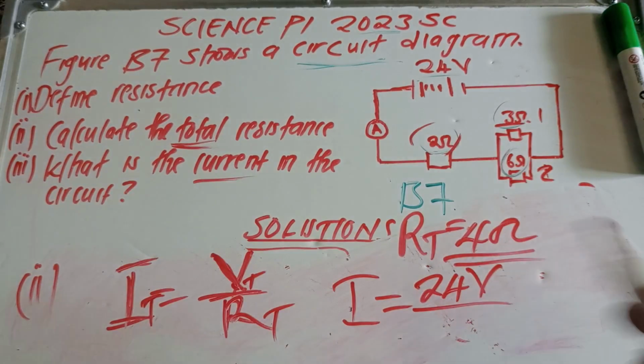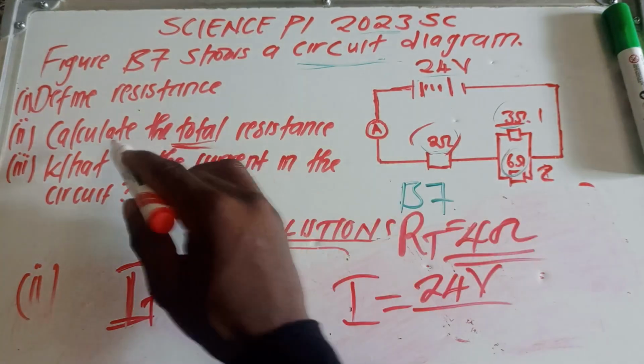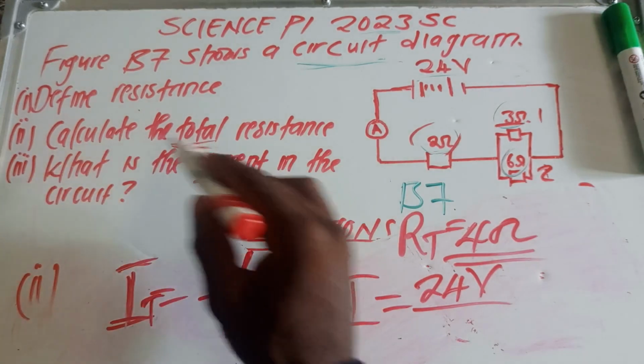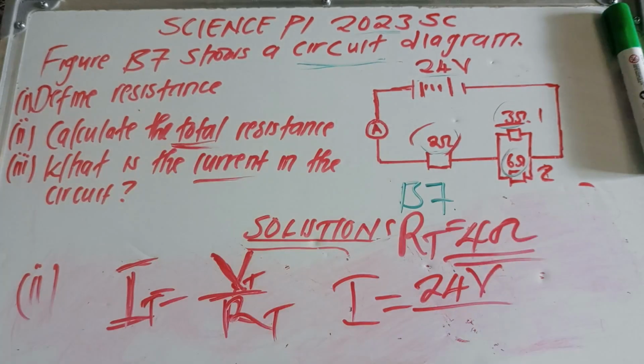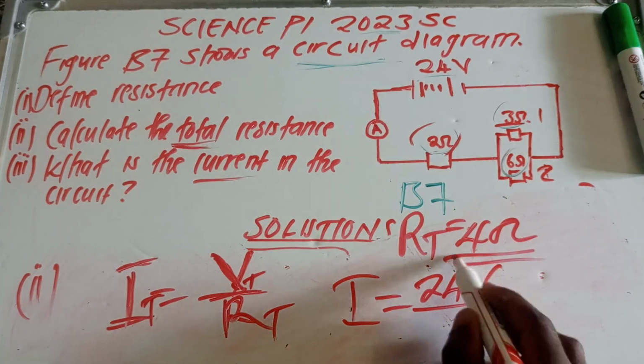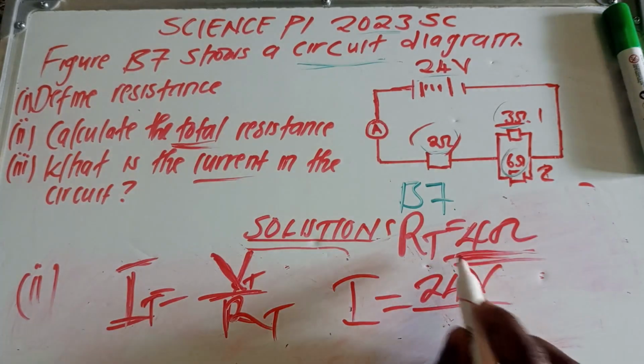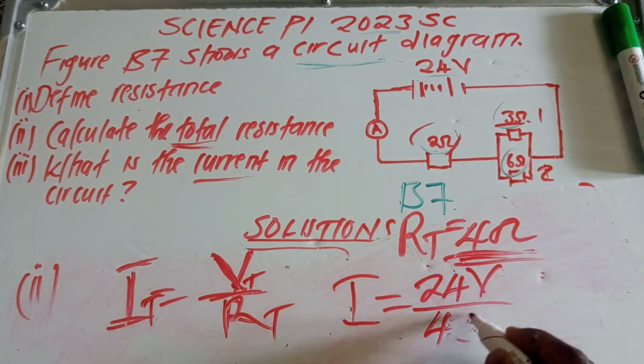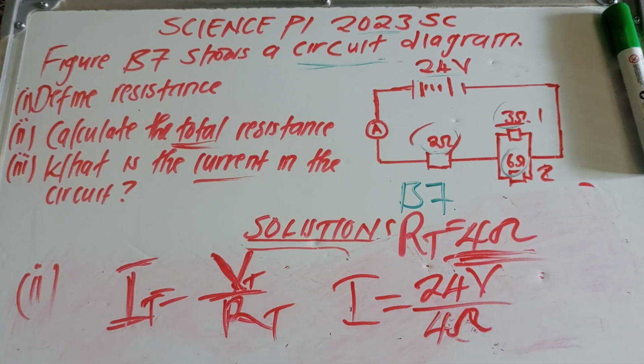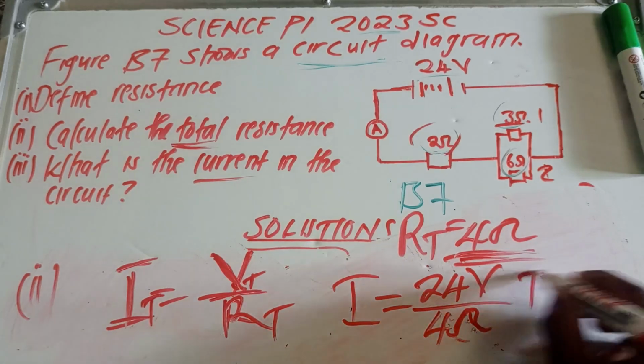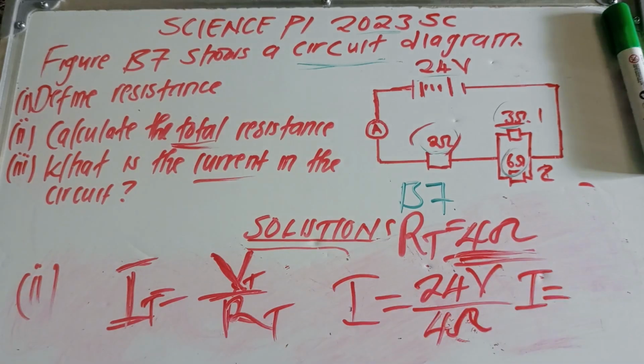So in this case, we have already calculated it in question 2, where we calculated this same total resistance. The total resistance which we have calculated is 4 ohms. Okay, so now our total current is going to be 24 divided by 4.